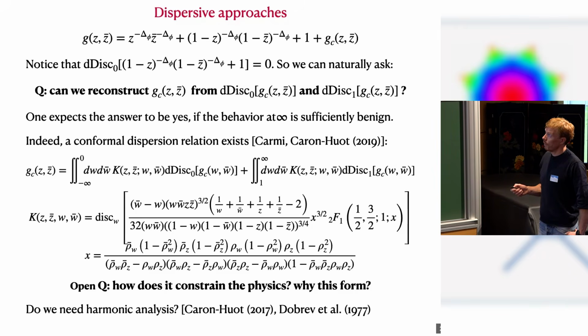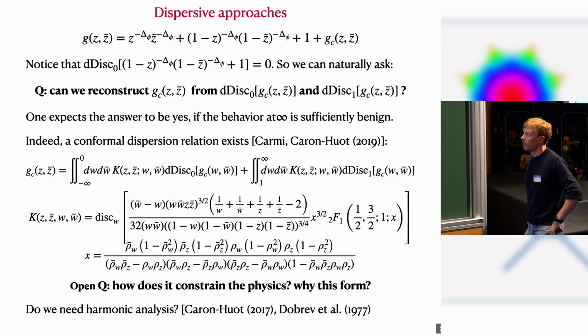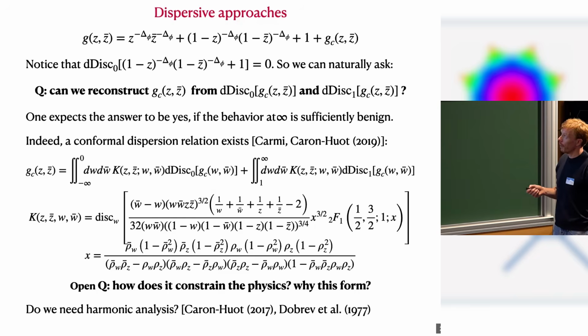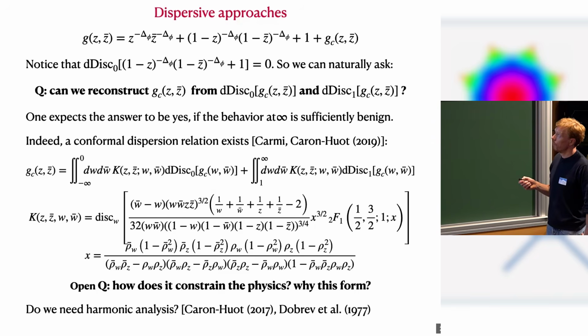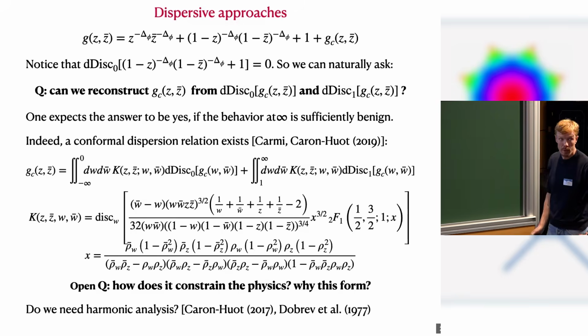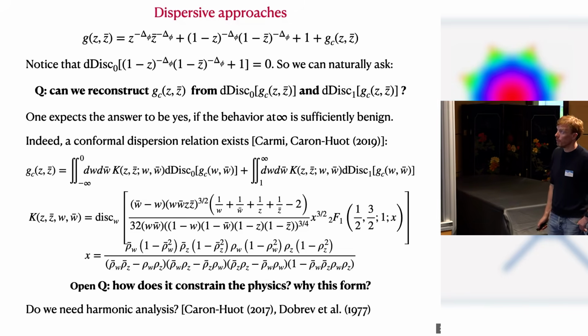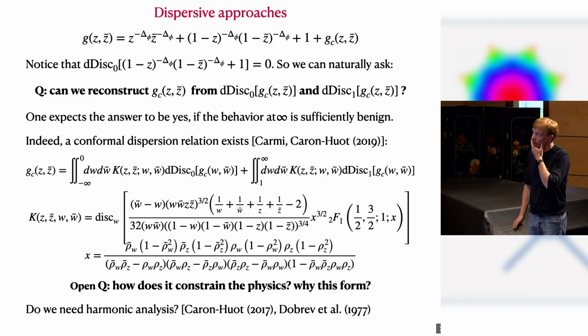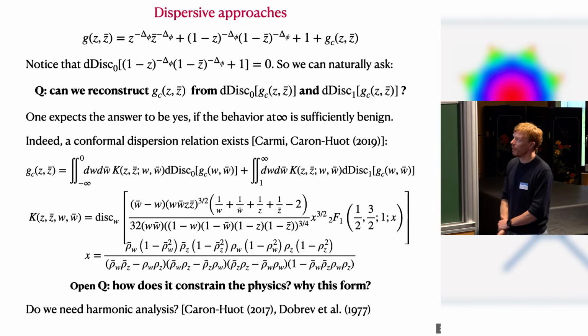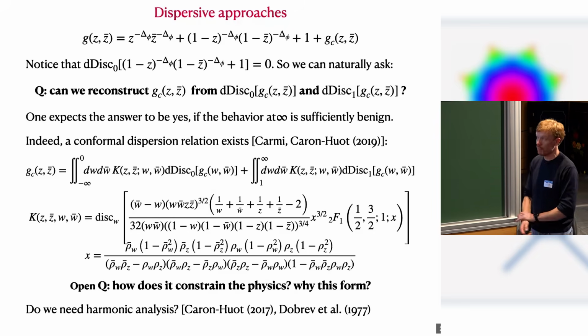So you can ask, okay, well, GC is kind of bounded at infinity. It has the same branch cuts. Can we reconstruct GC from its double discontinuity around 0 and also the double discontinuity around 1? And of course, you would expect the answer to be yes if the behavior at infinity is sufficiently smooth.